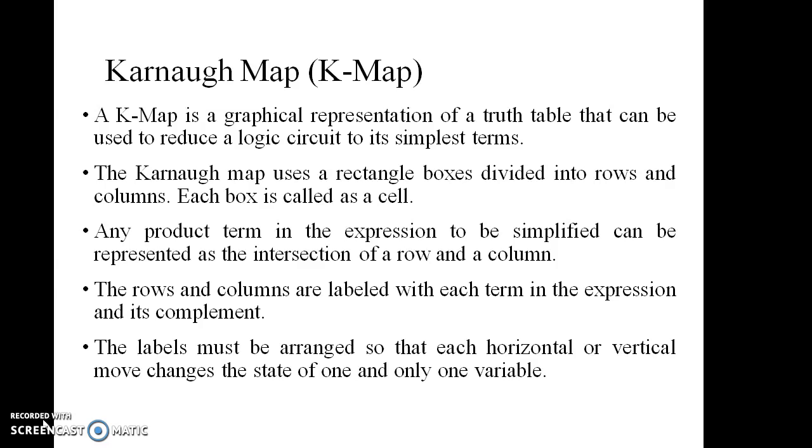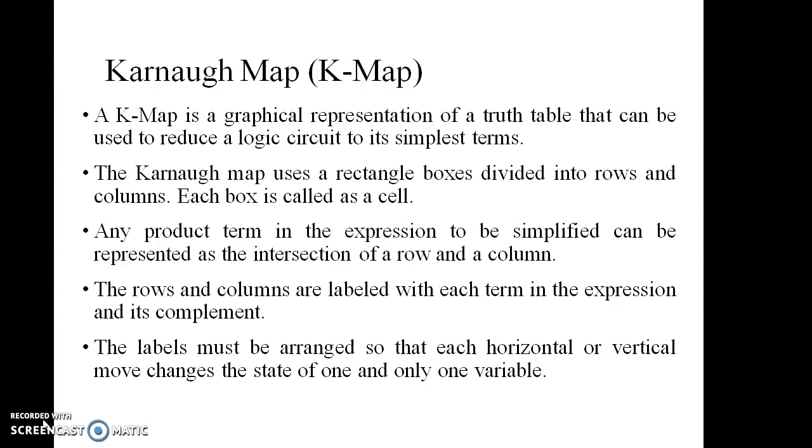First of all, what is meant by kmap? A kmap is a graphical representation of a truth table that can be used to reduce a logic circuit to its simplest terms. It uses rectangular boxes divided into rows and columns. Each box is called a cell.